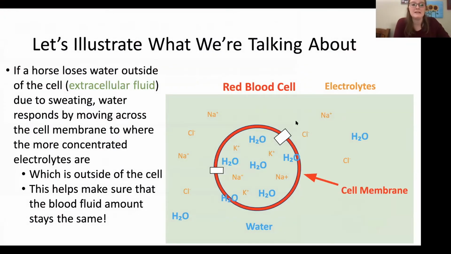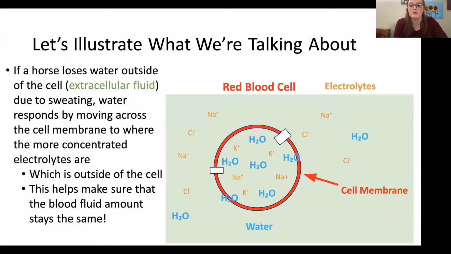So we came back to this picture here that we had up earlier. If the horse loses water outside of the cell because they're sweating, water responds by moving across the cell membrane to where more electrolytes are concentrated. This helps make sure that the concentration of the extracellular fluid can be corrected temporarily before the horse gets a drink of water.